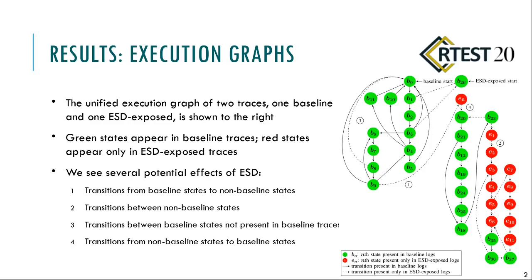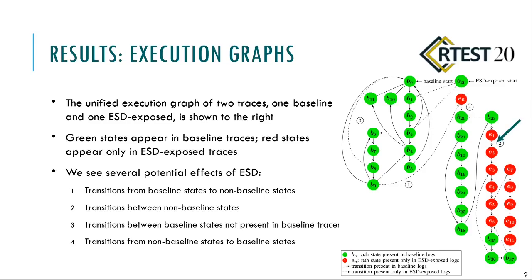In this execution graph, we can see several potential effects of ESD. One of these is transitions from baseline states to non-baseline states. This may be caused by the host controller driver automatically recovering from an error or something along those lines, and we only see that error recovery state when we've exposed it to ESD, or it might be something else.